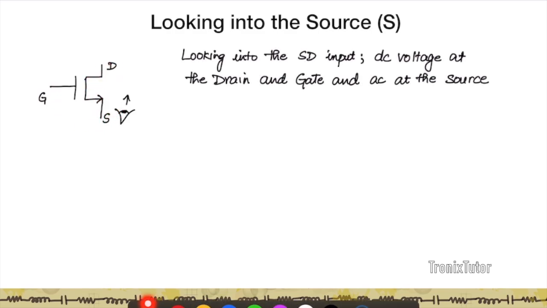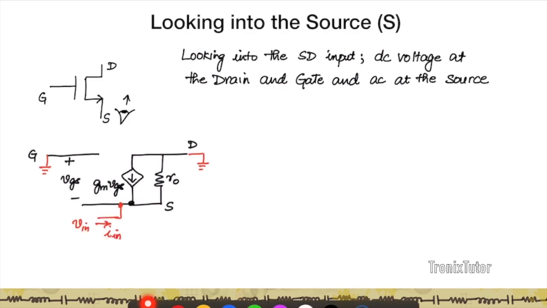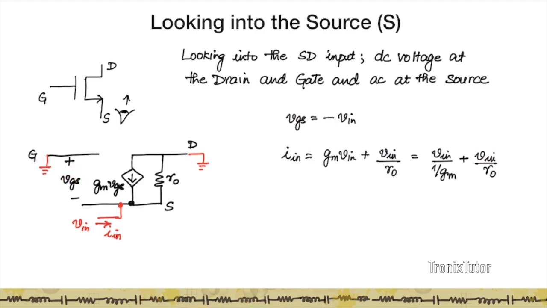If you look at what happens to the small signal model, the gate is grounded because it's a DC voltage. The drain is also grounded. And at the source I've applied a small signal. I want to measure the current that is being drawn from the source terminal. If I apply a Vin at the source, VGS is automatically minus Vin, which means there is a current that flows into the source.